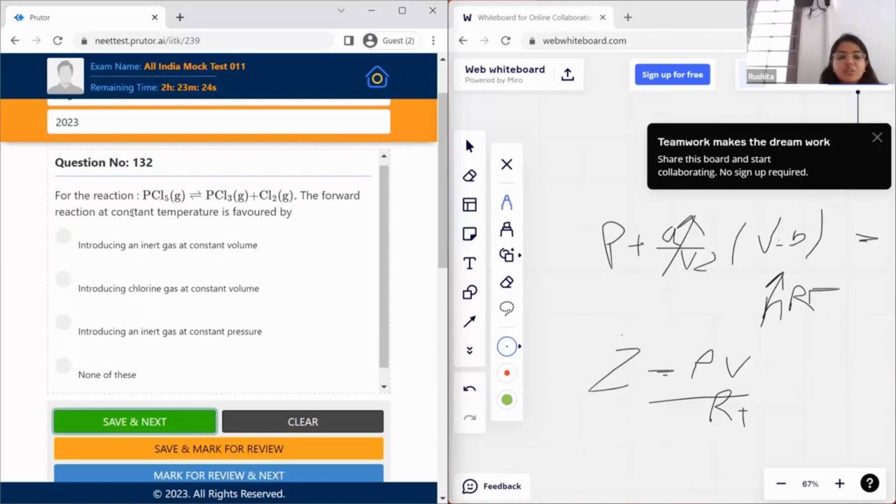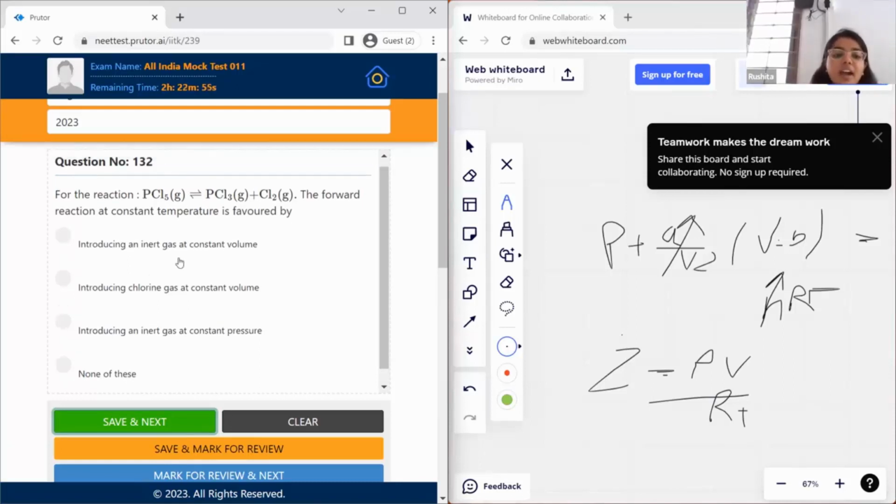Okay, this is temperature. So there is a concept that the forward reaction can always be favored if the reactant is added more or if the product is removed. So if the reactant is added more or the product is removed, then the reaction would be favored in the forward direction.